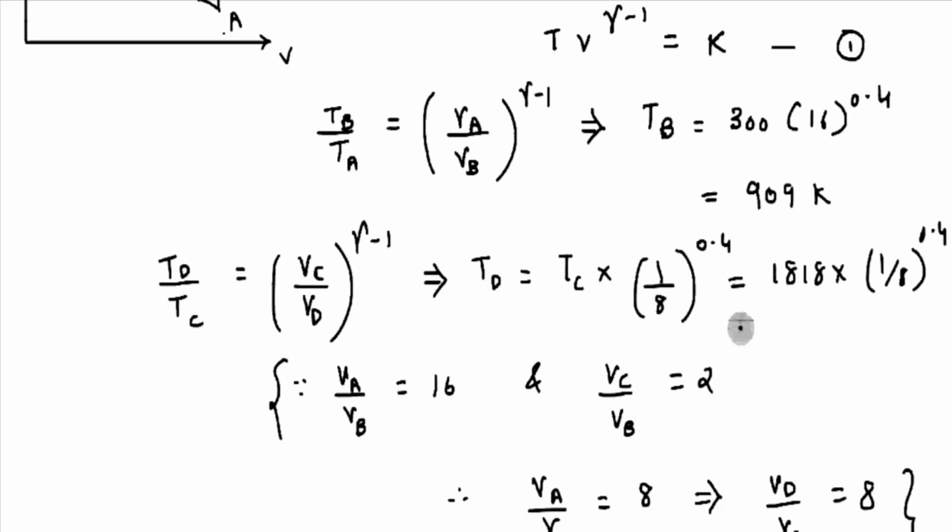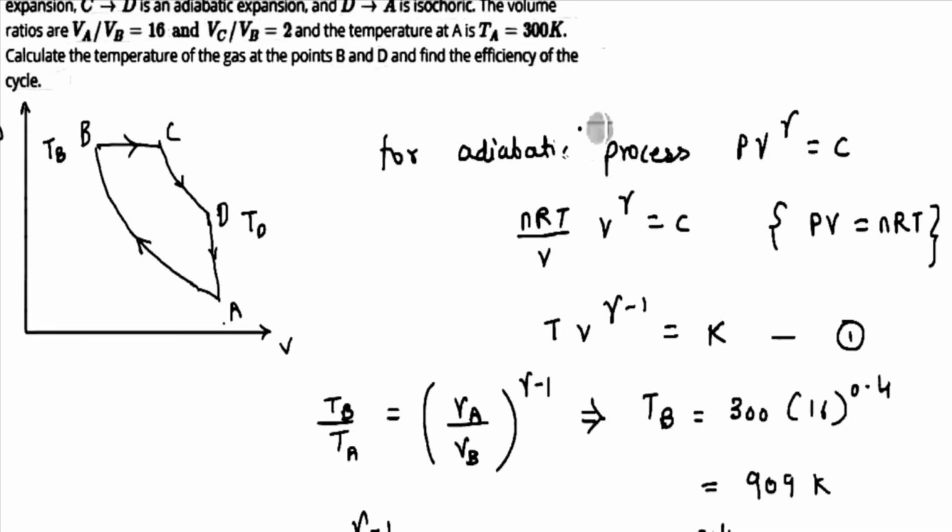Directly substituting it here, instead of TC we write 1818, and solving this we get the answer as 791 Kelvin. So the temperature at point D will be 791 Kelvin, and at B it is 909 Kelvin. This is the first part of the question.